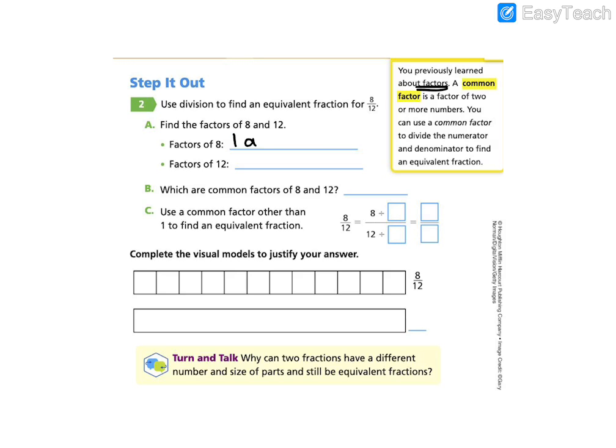I like to always start with 1, 1 and 8. Then I can keep going. Is 2 a factor? 2 is a factor. 2 and 4. And 8 does not have any more factors or factor pairs. Okay, and then I'll do the same thing for 12. 1 and 12.